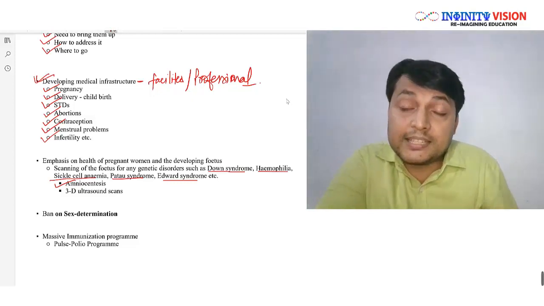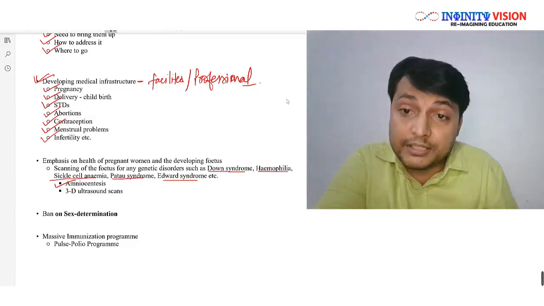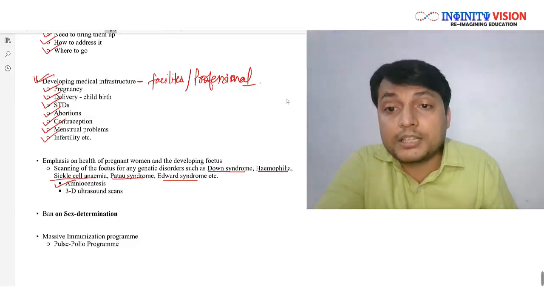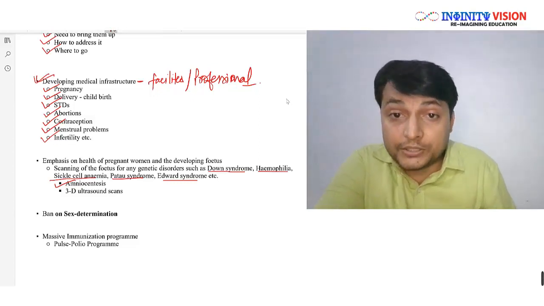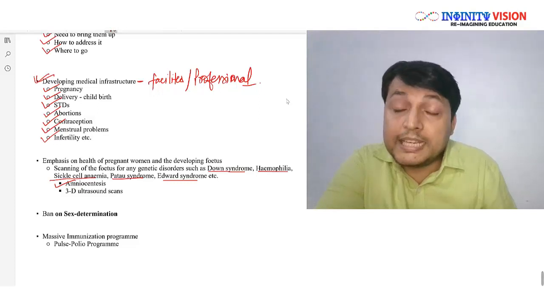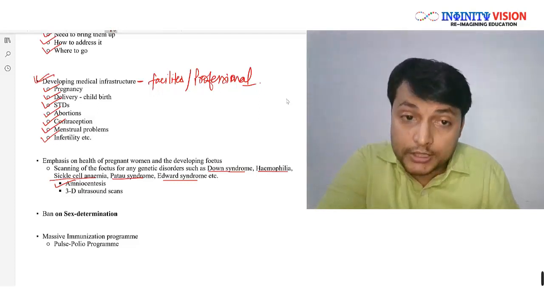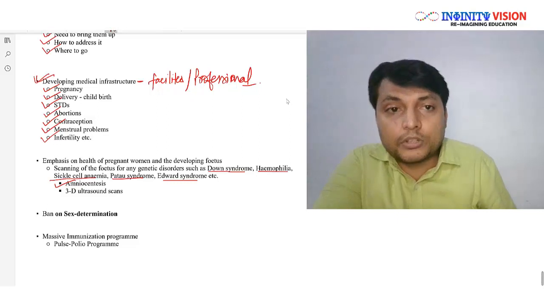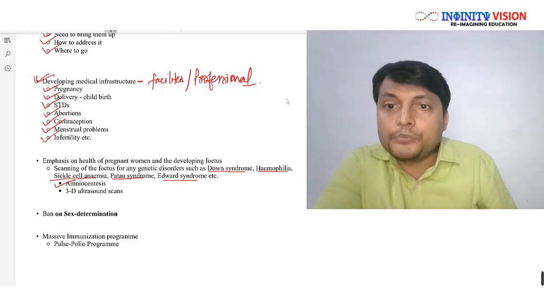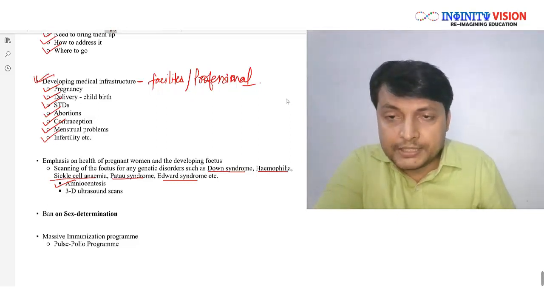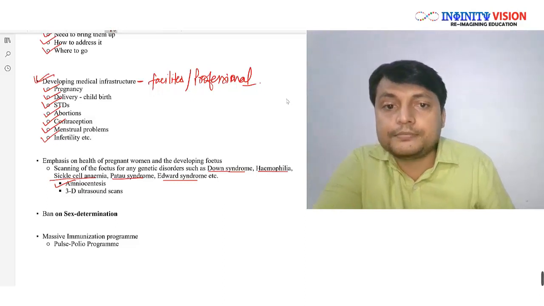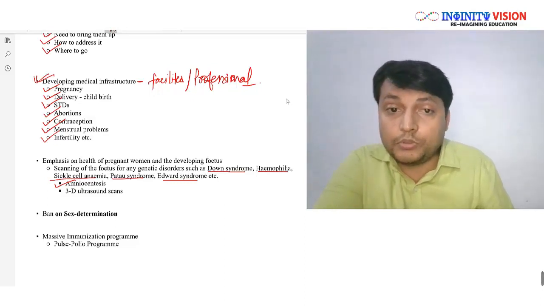By analyzing the chromosomes, by analyzing the DNA, we can figure out if the developing fetus has any genetic disorder or not. ठीक है, अगर कोई genetic disorder निकलता है तो we intimate the parents, and we ask if they want to continue or they do not.